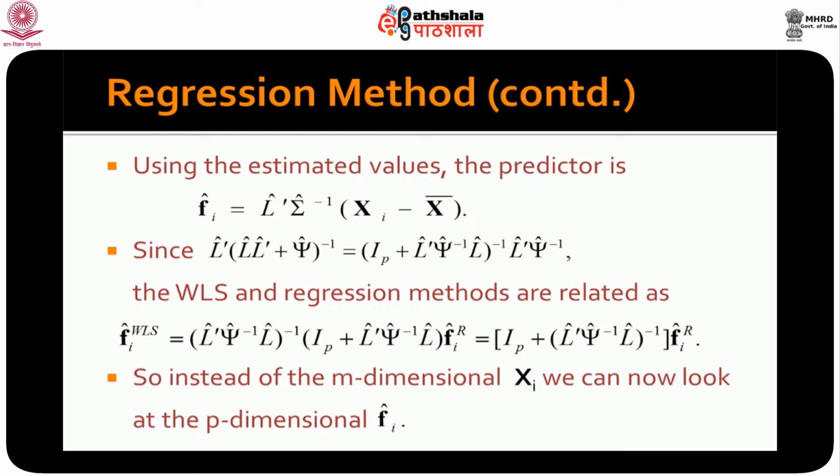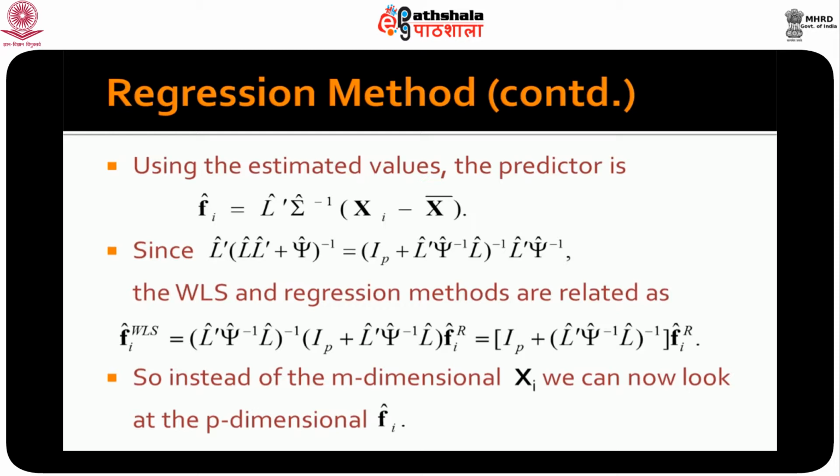Now, very often we can go from one to the other. That is, we can shift from the least square method, which we have done before, the generalized least square or the weighted least square method, to the regression type of method. So, this can be done through a very simple formula, which is L hat prime (L hat L hat prime plus psi hat) inverse is equal to (I plus L hat prime psi hat inverse L hat) inverse L hat prime psi hat inverse.